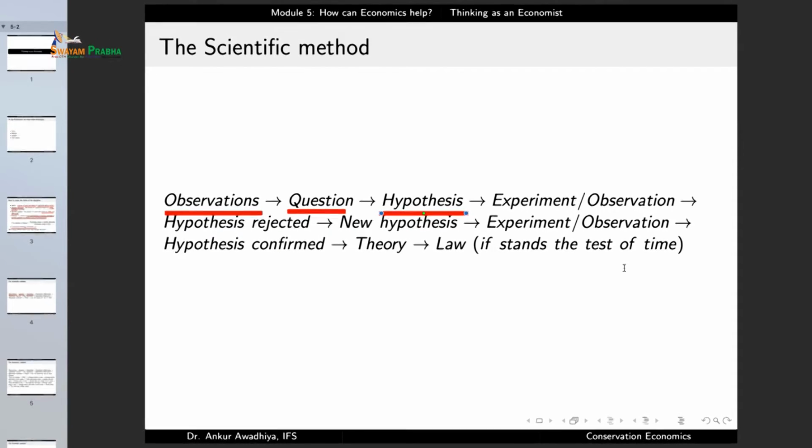Now, what can be an experiment? Suppose we wanted to see if the price of fertilizers is the most important factor that determines the amount of food grains that is supplied by a seller.